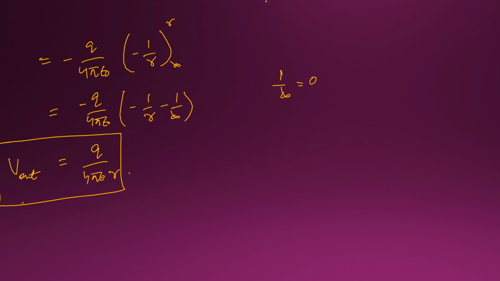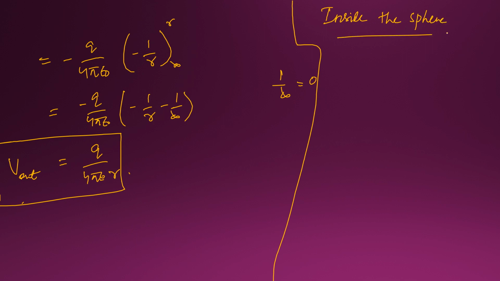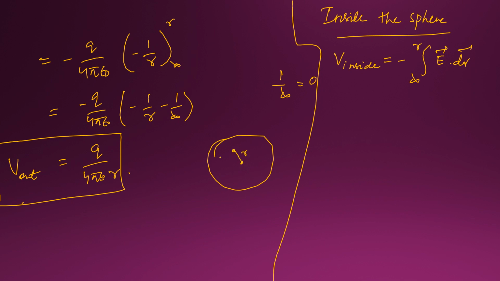Now we have to calculate the inside point, V inside, inside the sphere. V inside is equal to minus integral from infinity to r of E dot dl. When I say an inside point, that means somewhere here at distance r. What is the definition of potential? To take the charge from infinity to that distance.